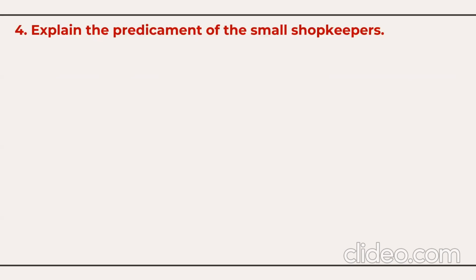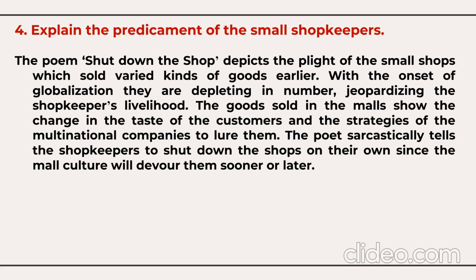Fourth question we have here: explain the predicament of the small shopkeeper, the difficulties which they are facing. The poem Shut Down the Shop depicts the plight of the small shops which sold many kinds of goods earlier. With the onset of globalization, they are dwindling in numbers, and that is going to affect the shopkeepers' livelihood.